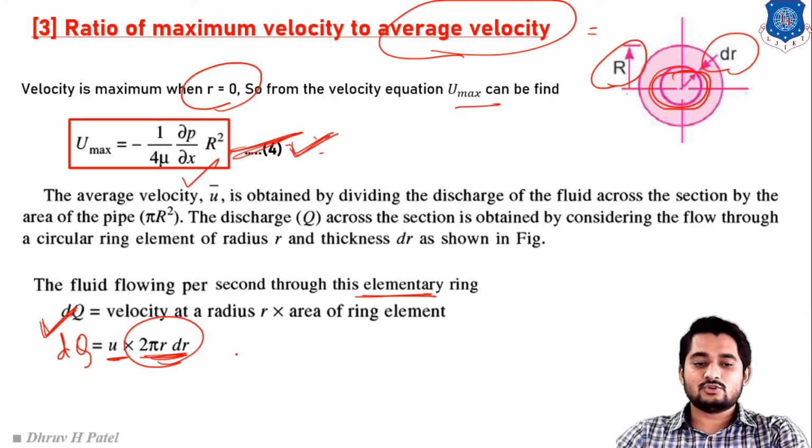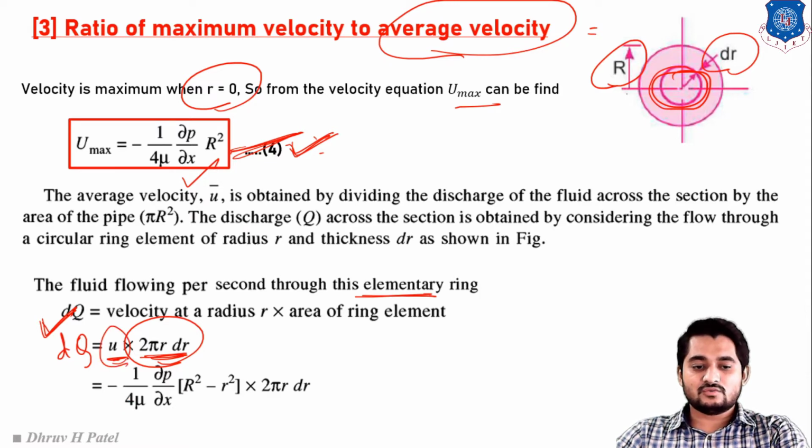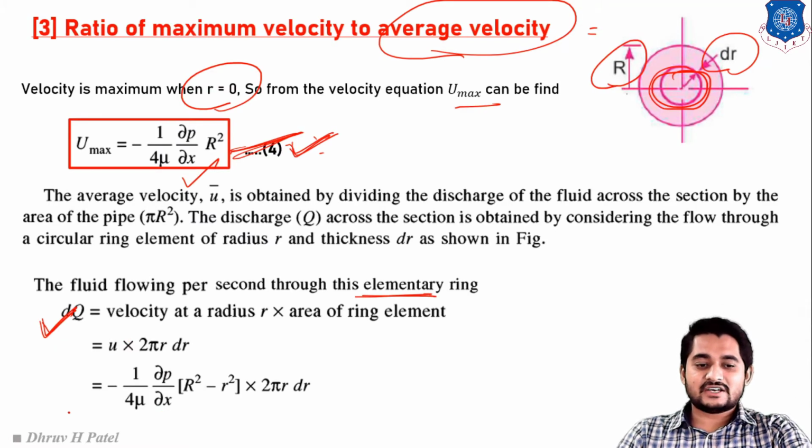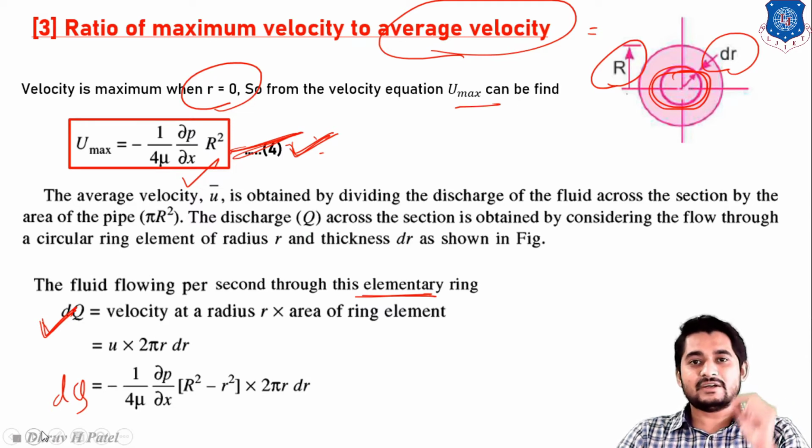Clear? 2 pi r into dr. If you put the value of velocity here, then instead of u we write minus 1 by 4 mu del P by del X, capital R square minus small r square, into the elementary ring area 2 pi r into dr. This is the value of dq, the discharge from the small ring.